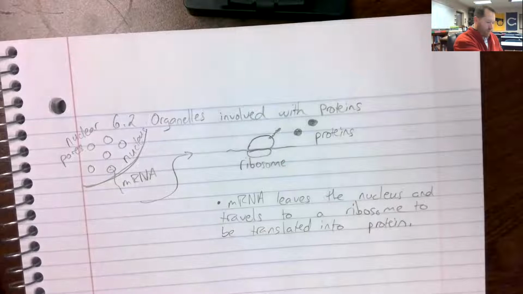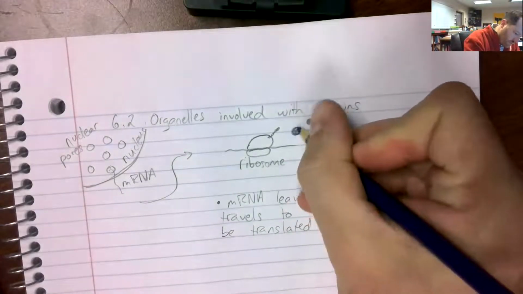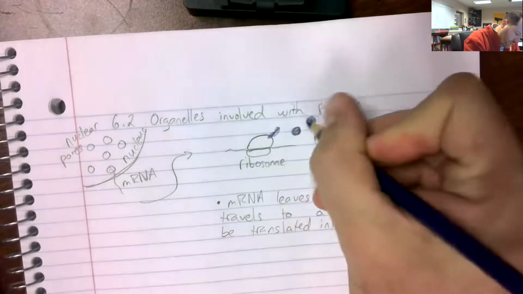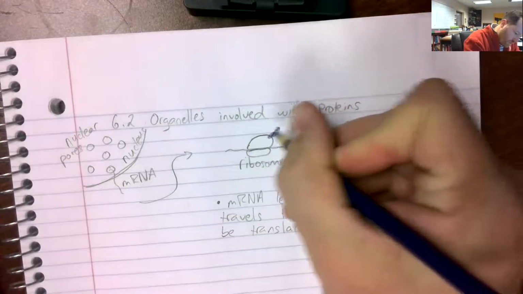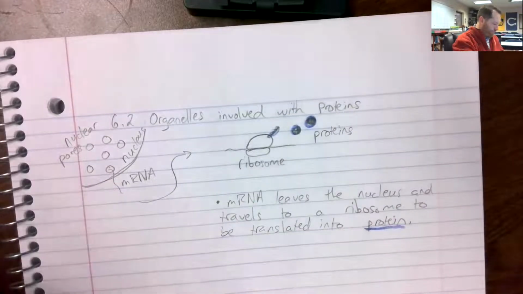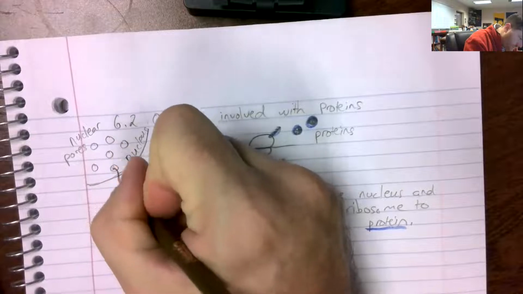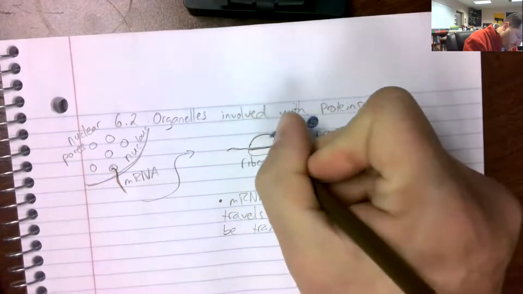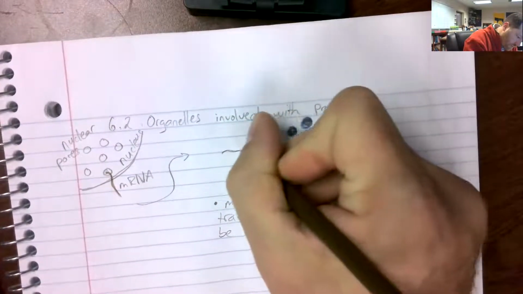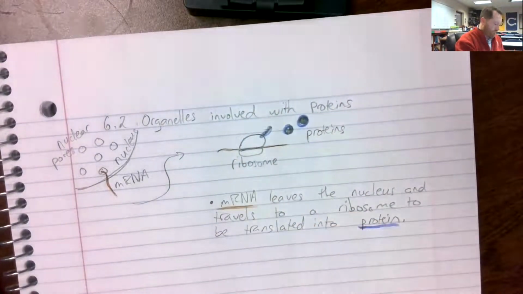So I'm going to try and add a little bit of color to the drawing here. So here's the proteins. Underline this with that same color blue. Here's the mRNA, kind of made that a brown color.